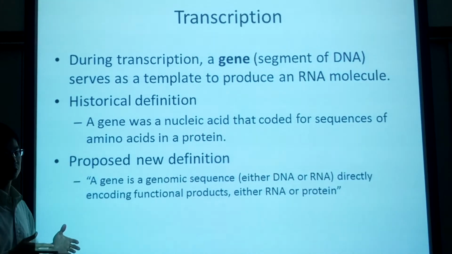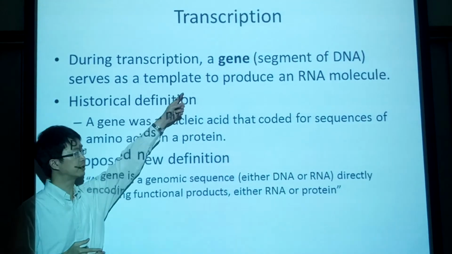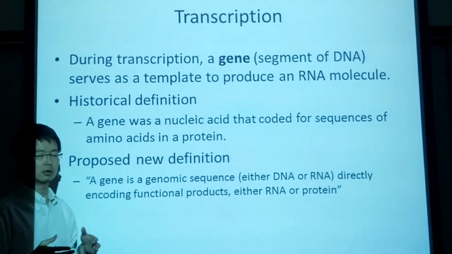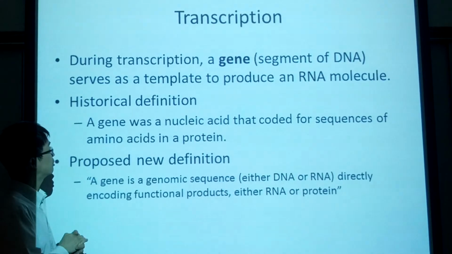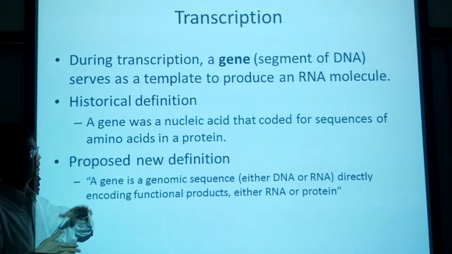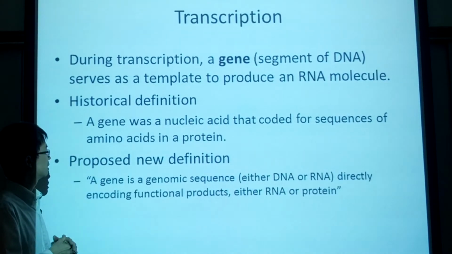So transcription, so a gene, what is a gene? A gene is basically a segment of DNA that can code for a protein. A gene will serve as template to make a messenger RNA molecule.